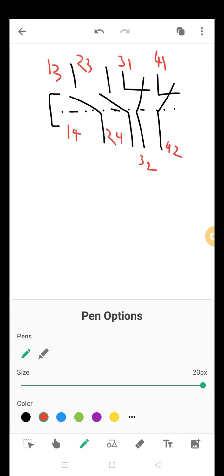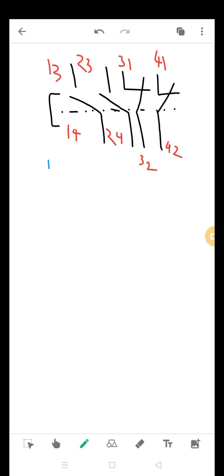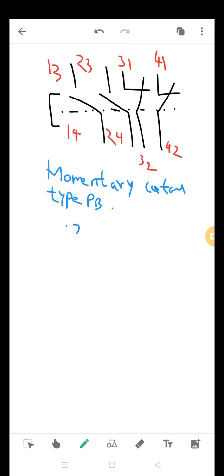So this is your momentary contact type push button, and it consists of two normal open and two normal closed.